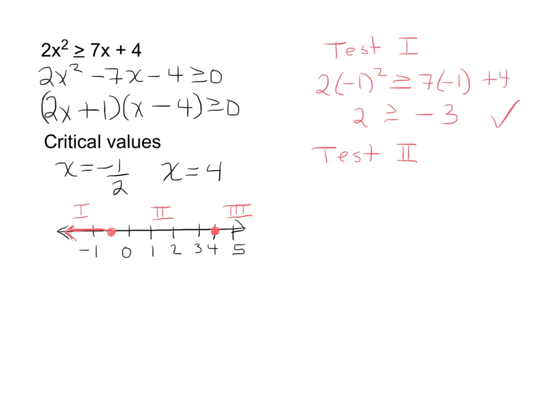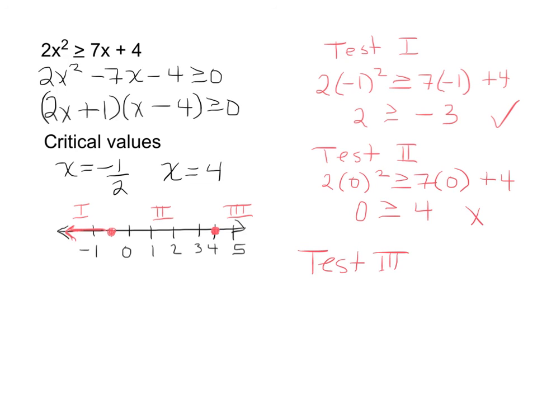I'm still going to test all 3 regions. So I'm testing 0 because it's in region 2. This is 0 is greater than or equal to 4. Is that true? No. And then we'll test region 3, which is probably going to be true.